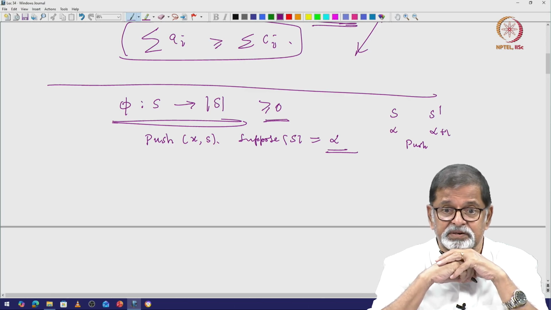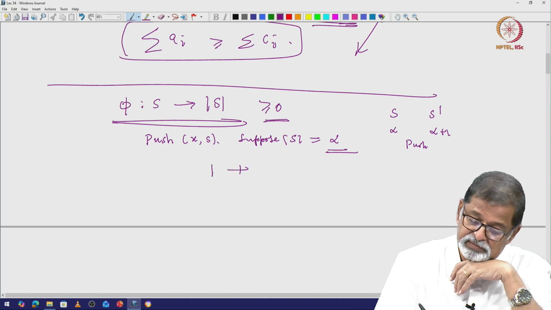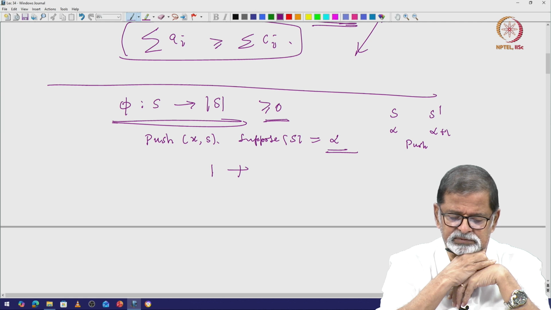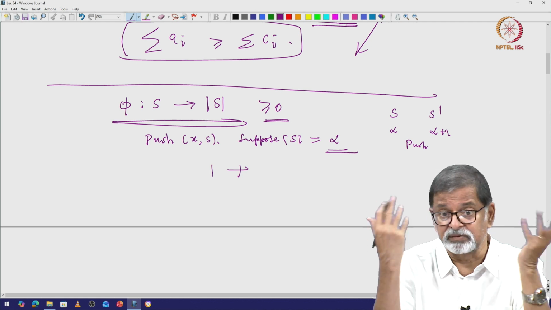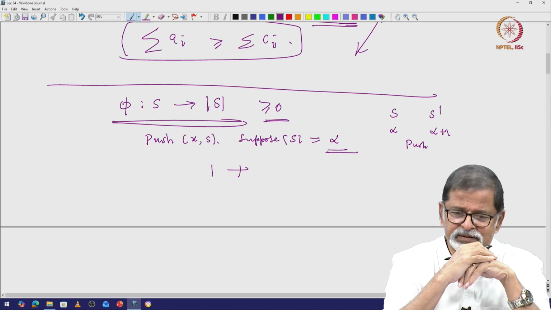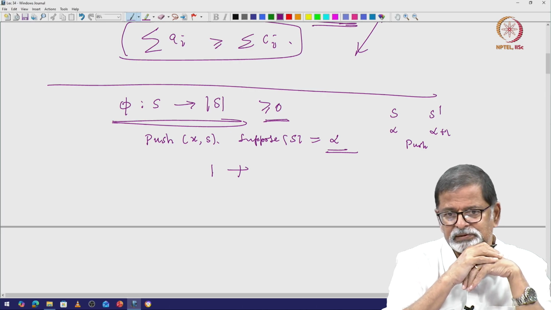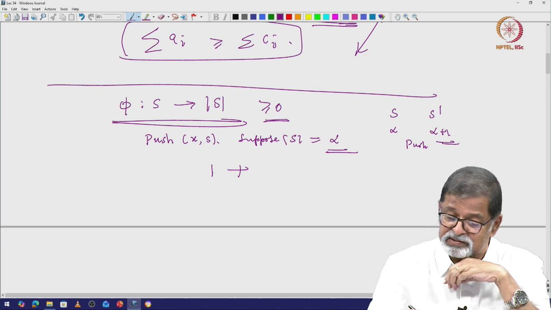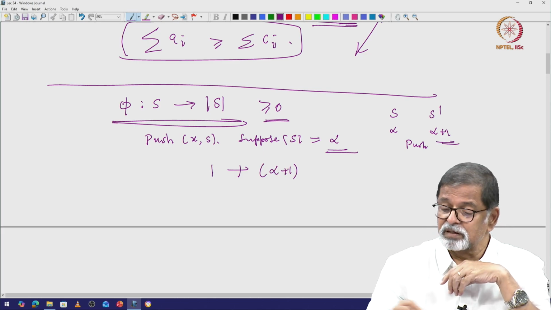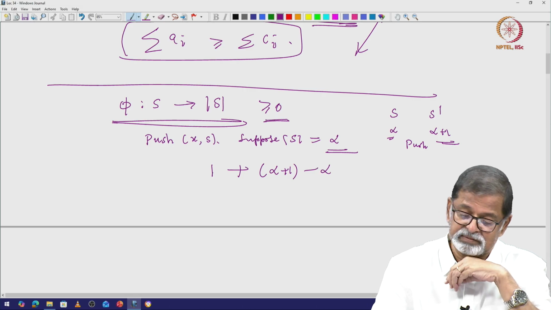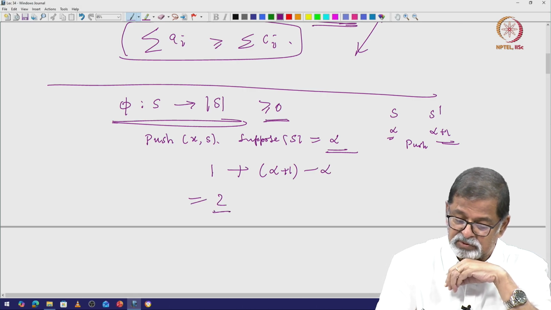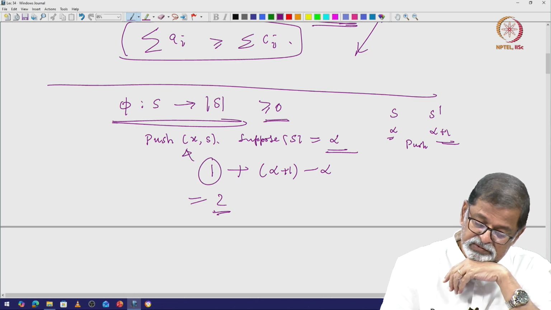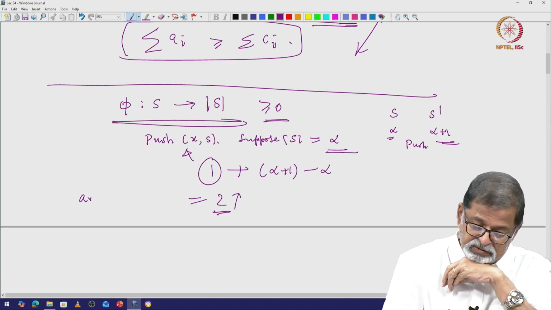The actual cost is 1 because you are putting 1 item. At any given time you can perform the push operation, the actual cost is 1. What is the potential difference? Potential after is alpha plus 1, potential before is alpha, so this is 1. Therefore this is the actual cost of push, and this is the amortized cost of push.